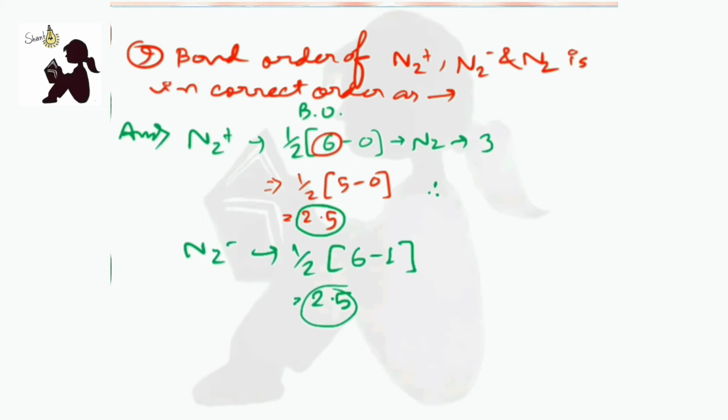It will be for our N2 minus, because it has an electron in antibonding molecular orbital, so its energy will be more, so it will be less stable. So we'll write it like this: N2 bond order series, N2 greater than N2 plus greater than N2 minus, right? Let's see the 10th question here.